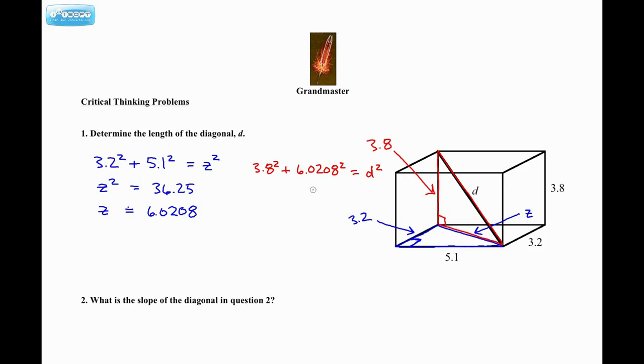So if I hit square right now, I actually get exactly 36.25. And then I add 3.8 squared. So therefore, D squared is 50.69. So D, take the square root, I get approximately 7.12 to the nearest hundredth.